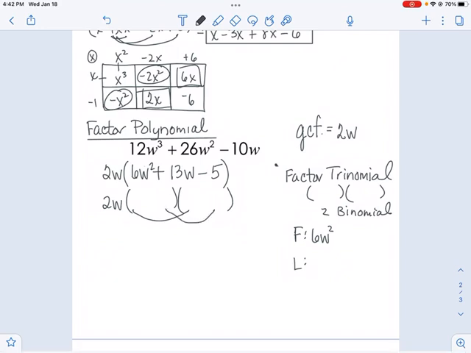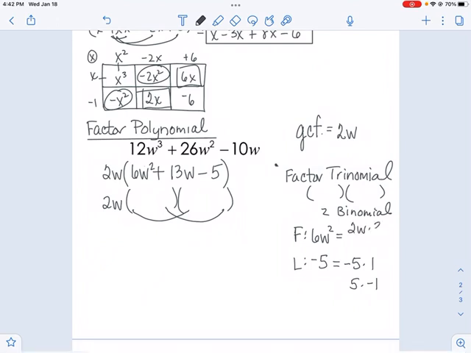What's easy about this one is that -5 is equal to -5 times 1, or 5 times -1. There are no other choices for that, so it's prime. And so I do a little guess and checking with this. The only possibilities for 6w squared are 2w times 3w and 6w times 1w, if you will.